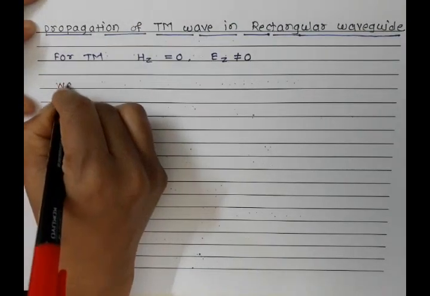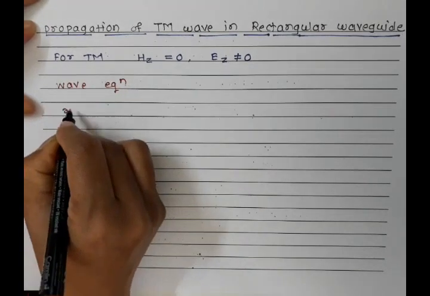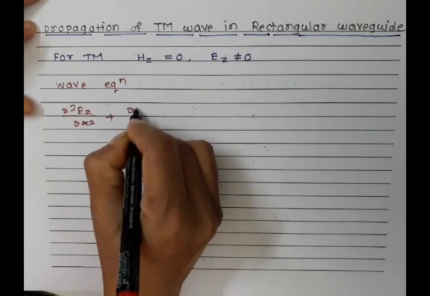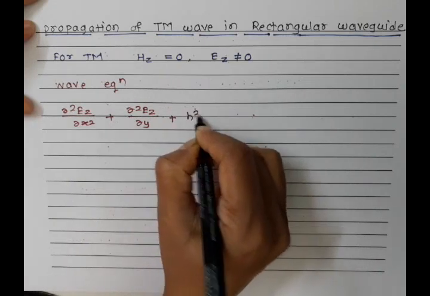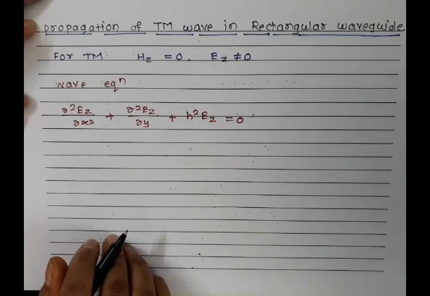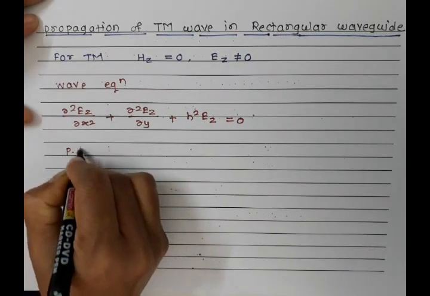For this kind of wave, the wave equation can be written as d square Ez dx square plus d square Ez dy square plus h square Ez is equal to 0. This is nothing but the wave equation, and this is a partial differential equation.